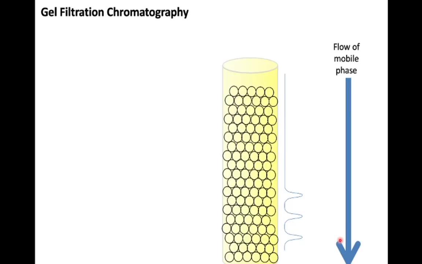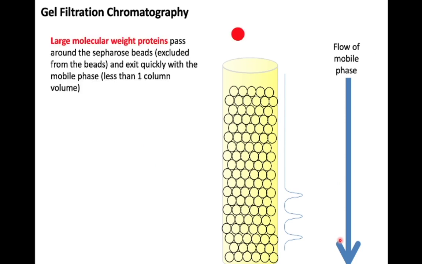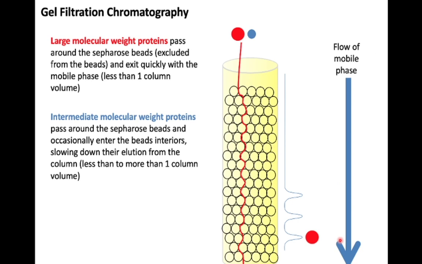If we look at the flow of the mobile phase, here we take large molecular weight proteins which pass through the Sephase. The large weight will pass through and exit quickly with the mobile phase, so normally in less than 1 column volume. Intermediate molecular weight proteins pass through the Sephase beads, and occasionally they enter the interior of the beads and are slowed down in elution from the column.